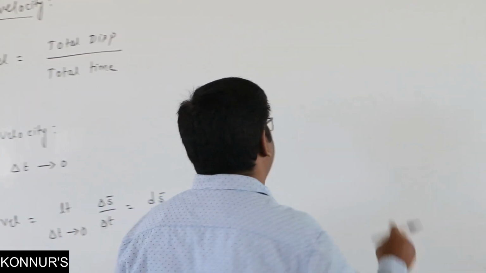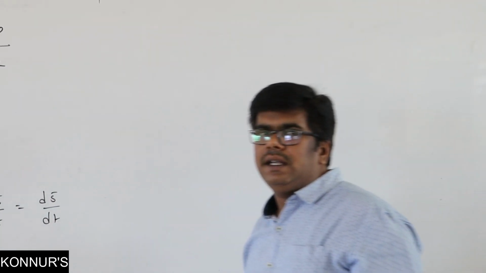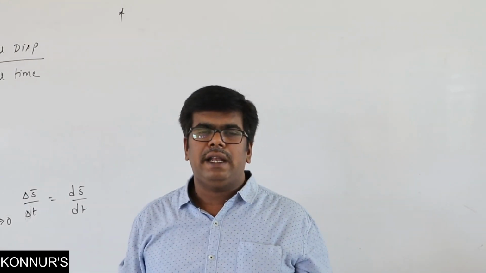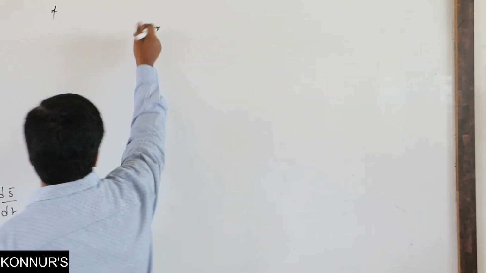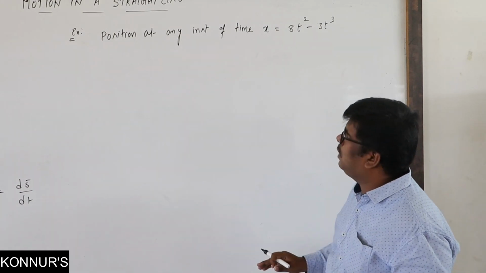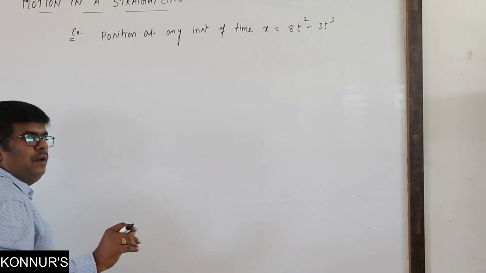Let us take a body traveling in a straight line path, and its position at any instant of time is given as x equals 8t squared minus 3t cubed.